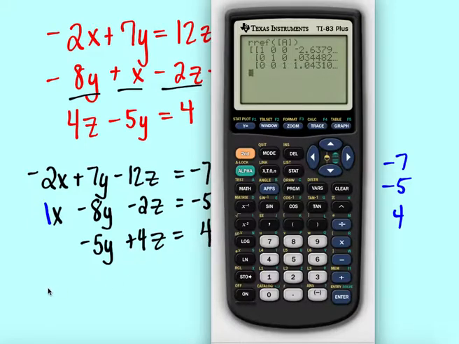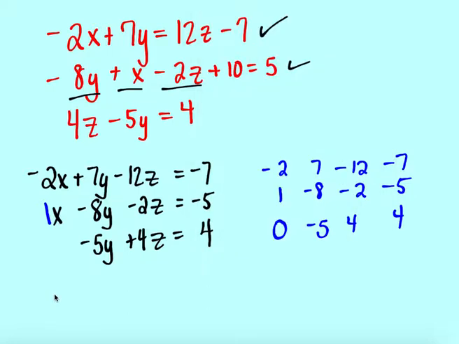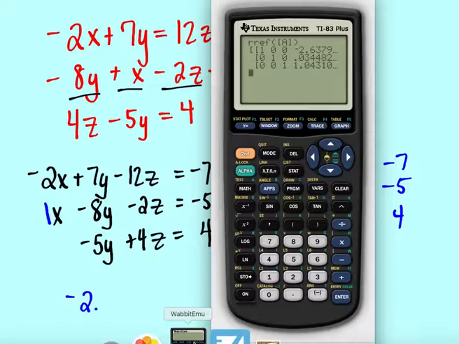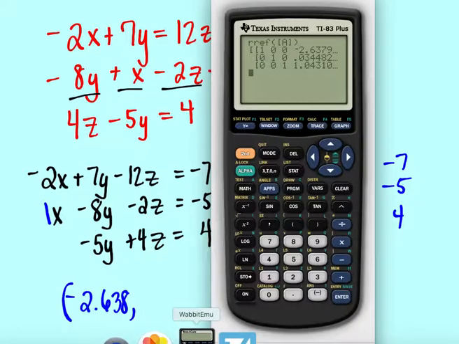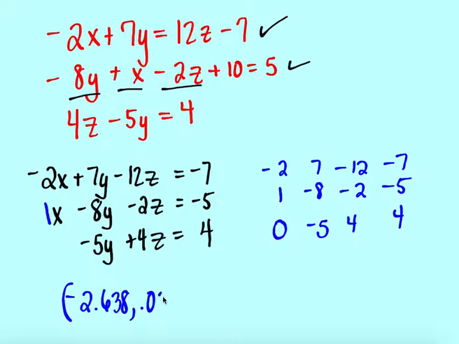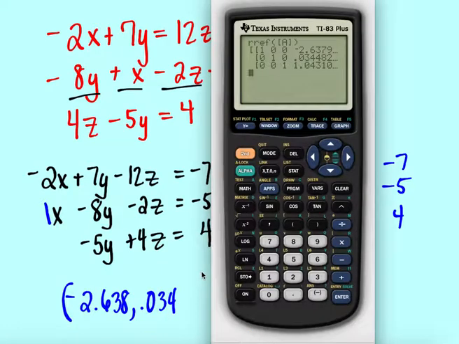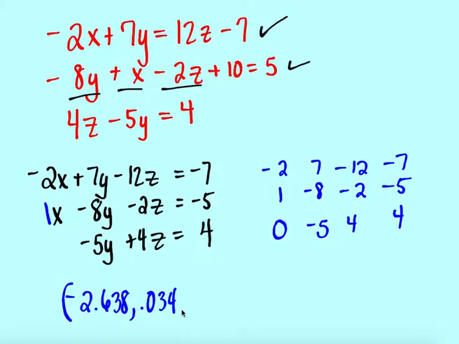So if we rounded to 3 decimal places, it would be negative 2.638, comma, 0.034, and 1.043.